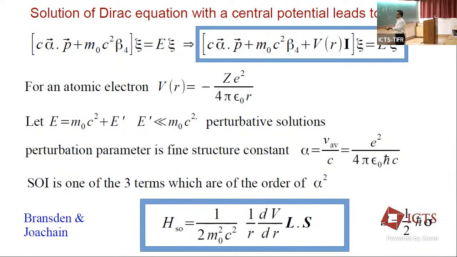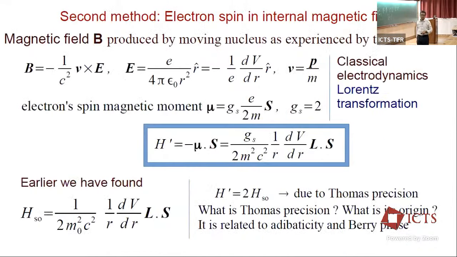And this is the coupling, and this V is the potential energy of one electron with Z equal to 1 in case of hydrogen, but in general it is this. Then you get L dot S, and S you can express in terms of the Pauli spin operator. This is half of the Pauli spin operator. Okay. So this is one way of deriving spin orbit interaction in atomic physics.